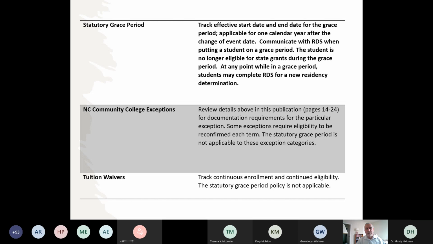The business is paying directly, versus the student who just graduated high school can have it for a year. The tuition waivers, again, it depends on what's required. So we'll come back to that.